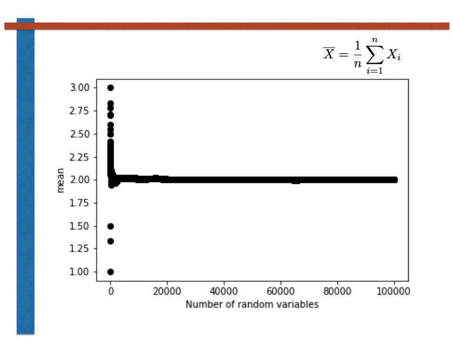Furthermore, we have seen that as we increase n, which is plotted on the x-axis of the graph, and thus increase the number of random variables that the sample mean is calculated from, we see that the sample mean, which is shown on the y-axis of the graph, behaves something like what is shown here.